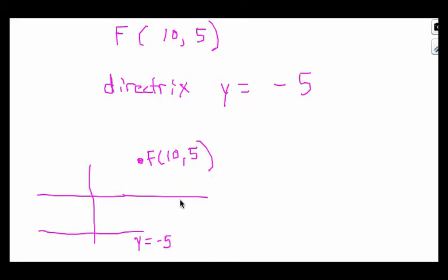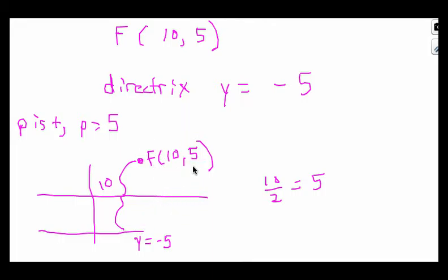So we know this parabola opens up, so we know p is positive. To find the value of p, we need half the distance from the focus to the directrix. This goes from -5 to +5. So there are 10 units between the focus and directrix. Half of 10 is 5. So p is +5.